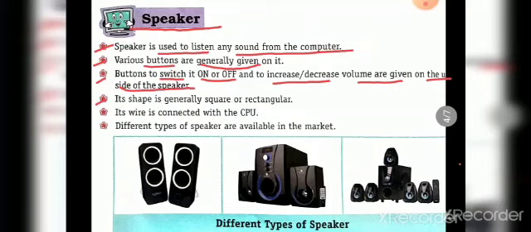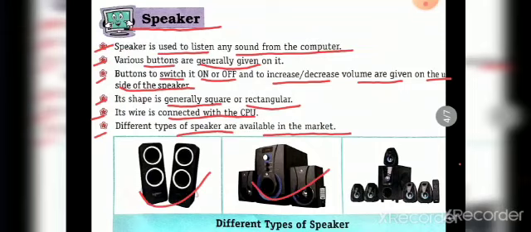Its shape is generally square or rectangular. Its wire is connected with the CPU. Different types of speakers are available in the market. Here are different types of speaker images, first, second, and third. Okay, now next.